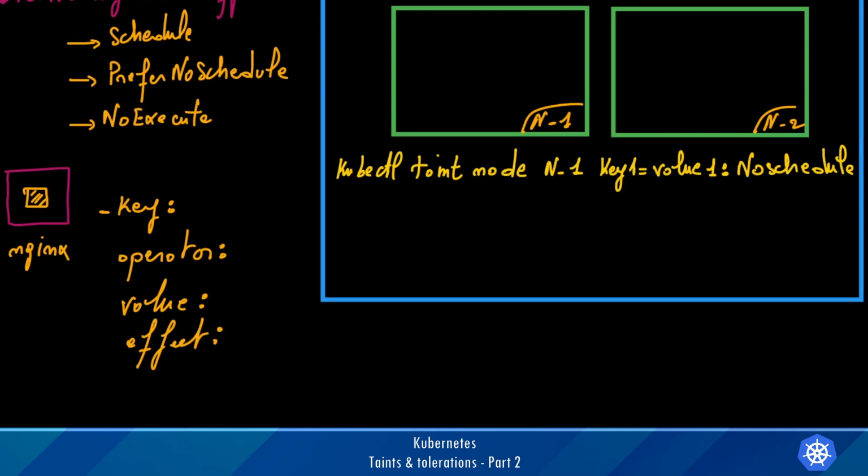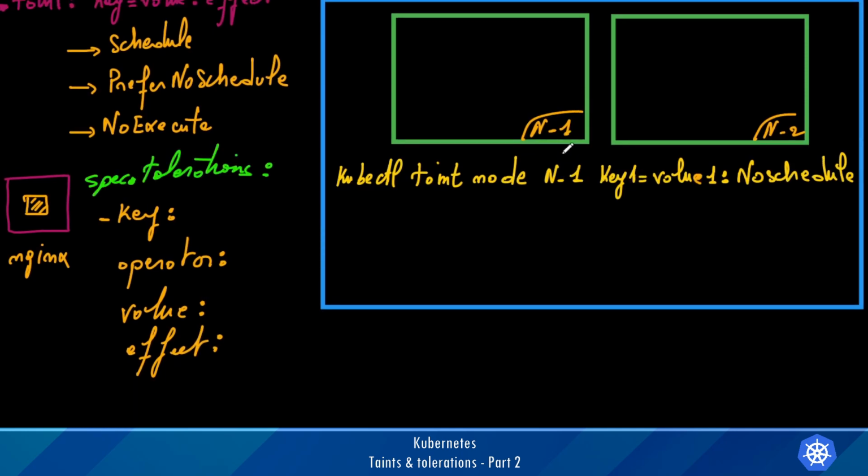To tolerate the taint set for the first worker node, here in the key we should mention the same key used for the taint, which is key1. For the operator, we have two operators. We can use either the Exists or the Equal operator. Here we will work with the Equal operator.